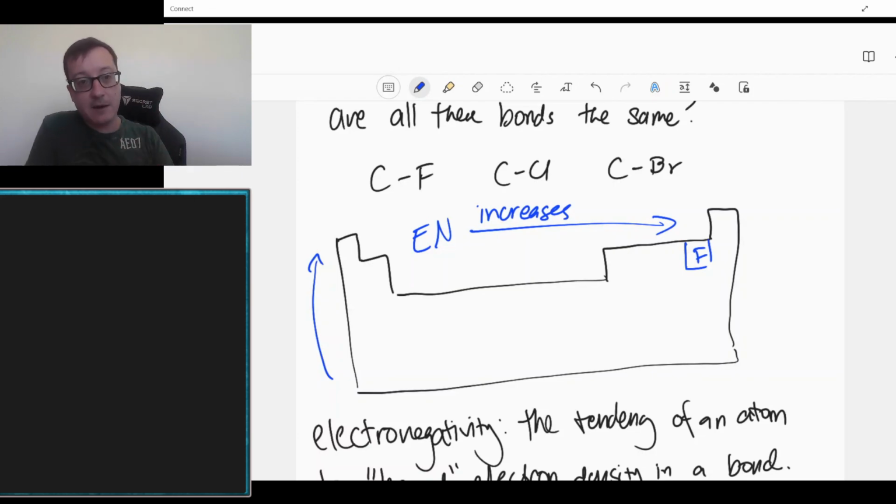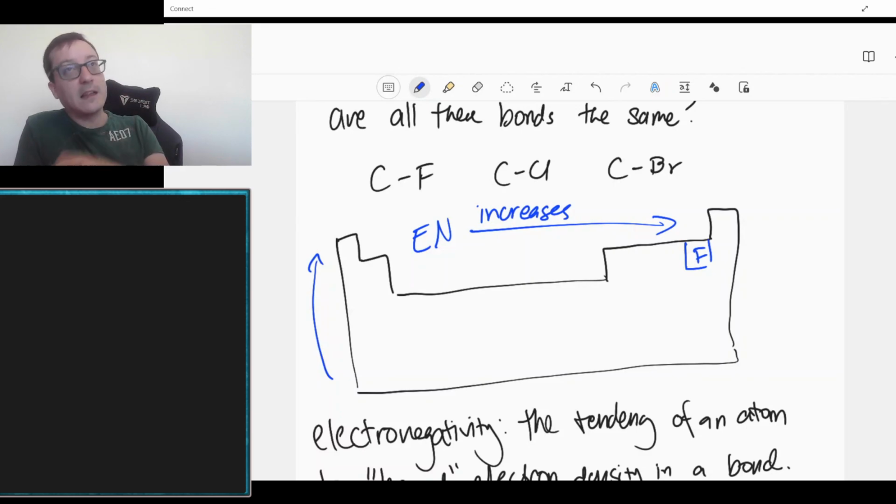The noble gases, by the way, we don't keep electronegativity values for, because they don't typically make bonds. There are some estimated ones for xenon and krypton because they will react with fluorine under the right conditions, but the rest of the noble gases just do not have electronegativity values because they don't make bonds, so there's no need to have an uneven sharing idea.